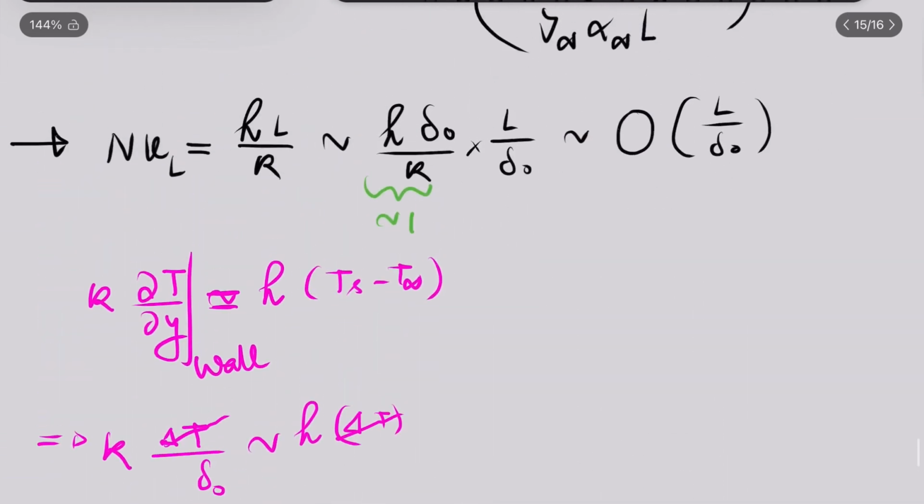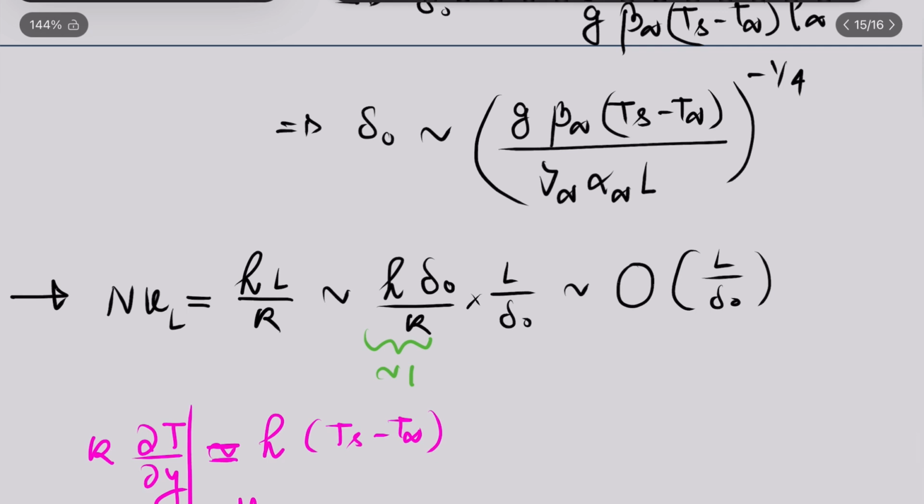Likewise, here I will do a small manipulation. If I divide by L, so into 1 by L, and I put this L inside the bracket, then I have to write it as L to the power minus 4.